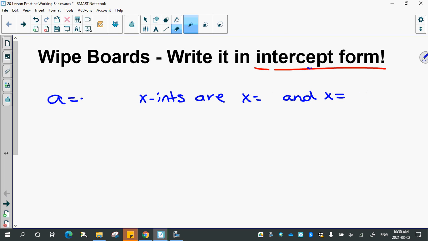Okay, I'm going to make it a bit tougher. So let's make a 2/5, and the x-intercepts are at 0 and 4. What would the intercept form look like? Okay, so I'm seeing two different things and they're both right.